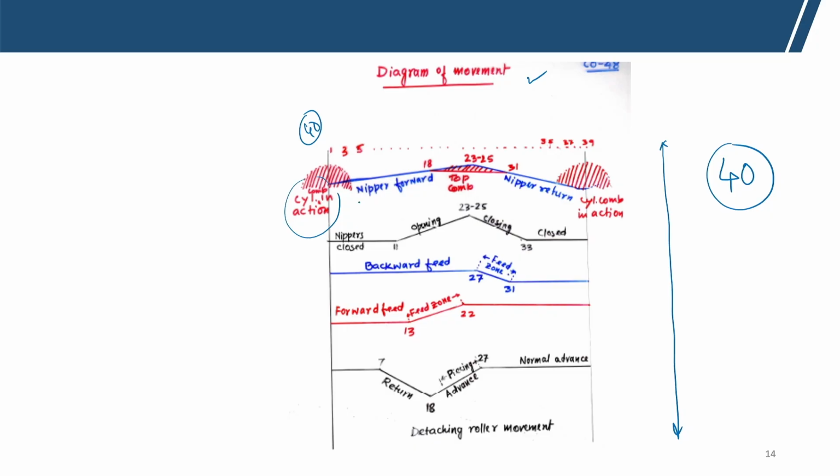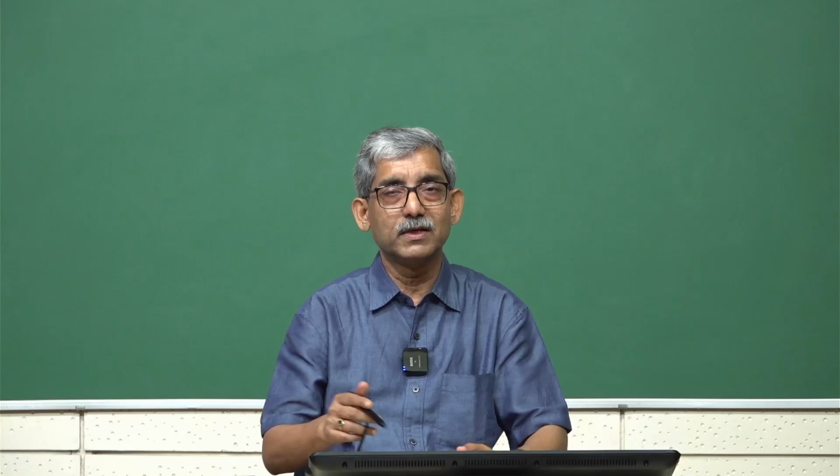So, cylinder comb action you can see here is from 1 up to 4 point. And on the other side you can see it is from 36 to 40. So, at that zone the cylinder comb is under action.